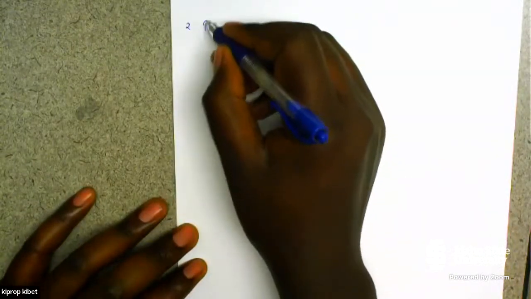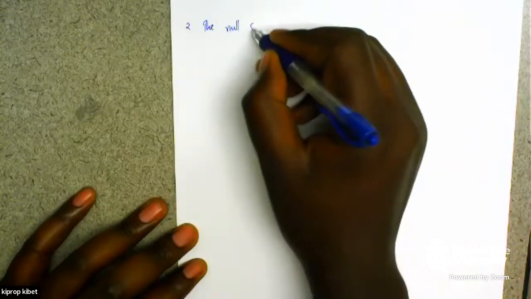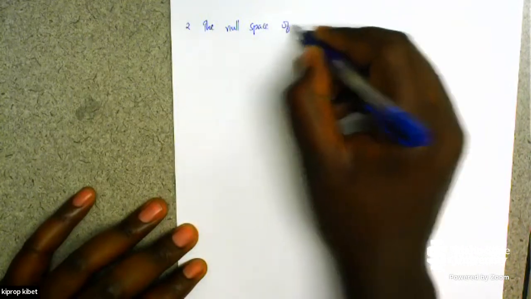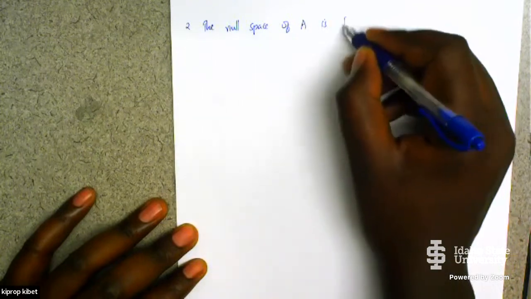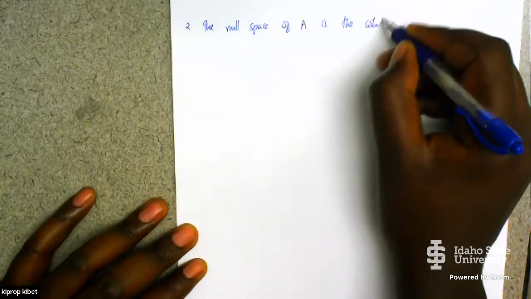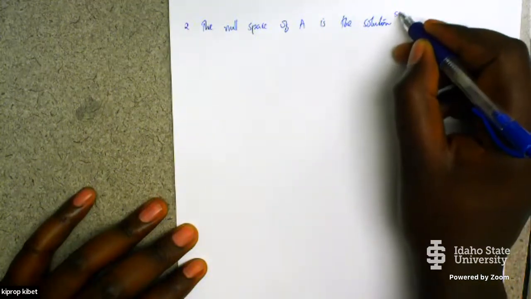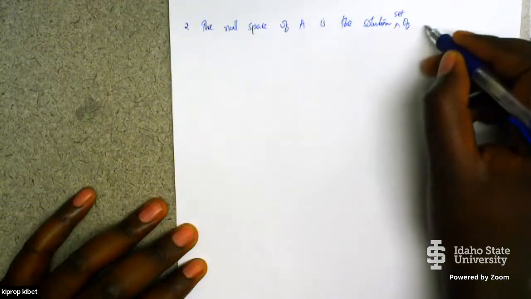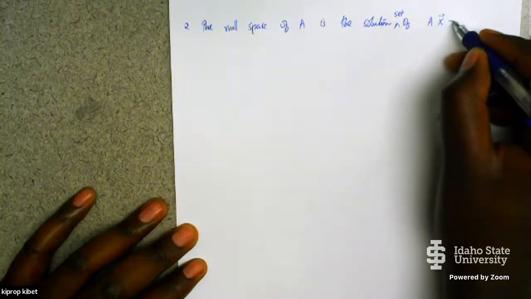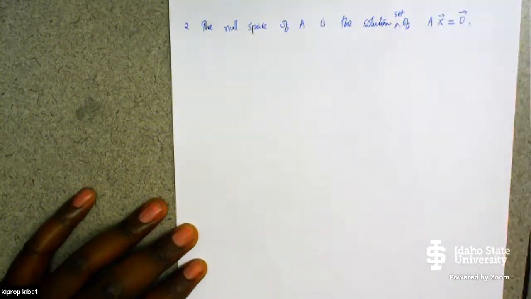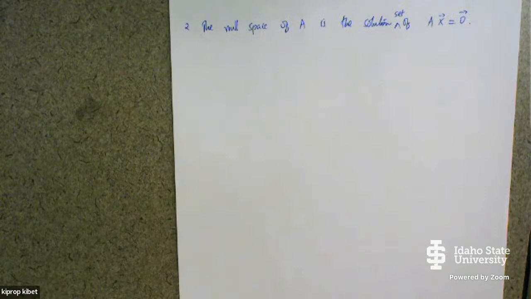The null space of A is the solution set of AX equals 0.